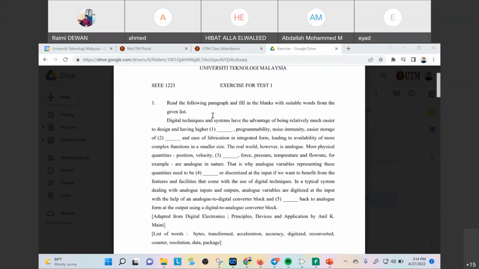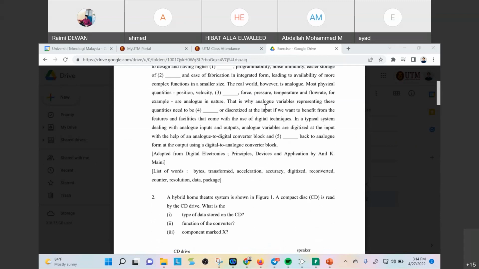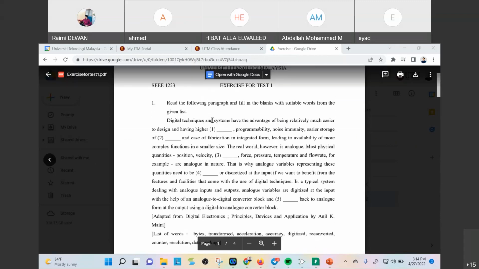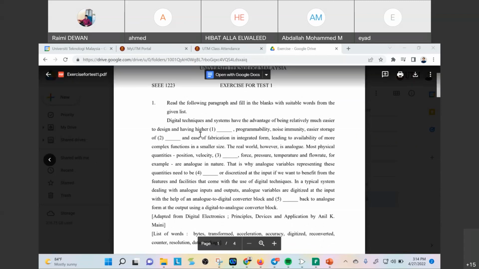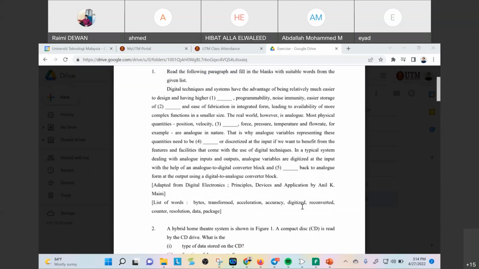Read the following paragraph and fill in the blanks with suitable words from the given list. For example, digital techniques and systems have the advantage of being relatively much easier to design and having higher noise immunity.